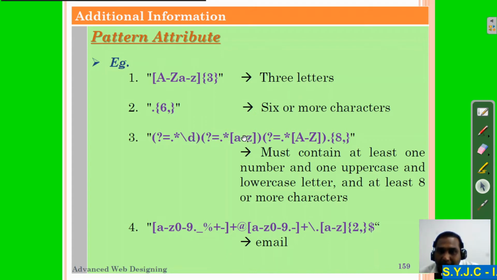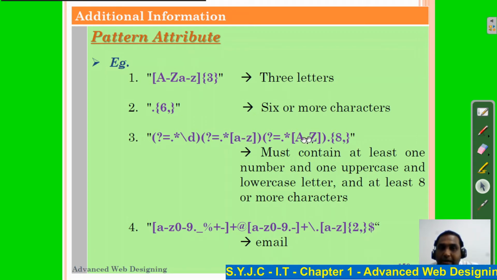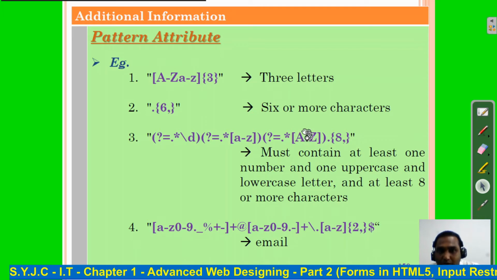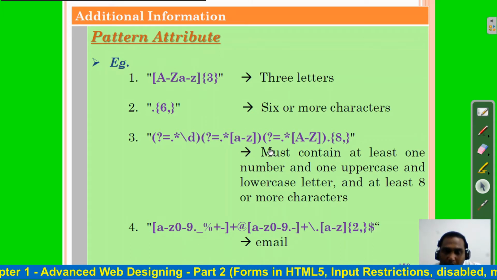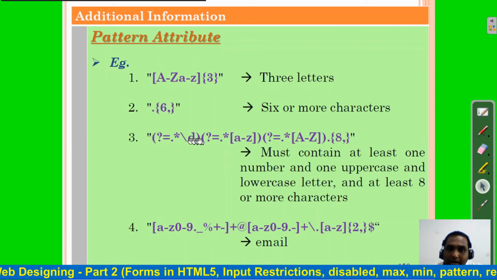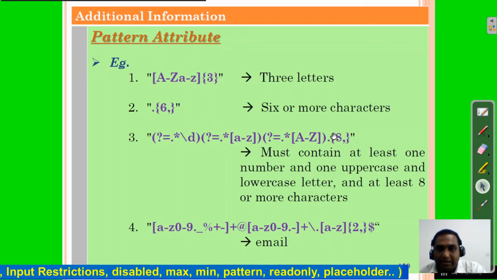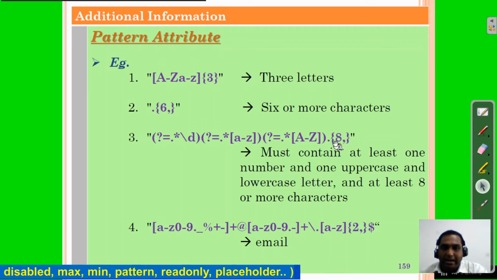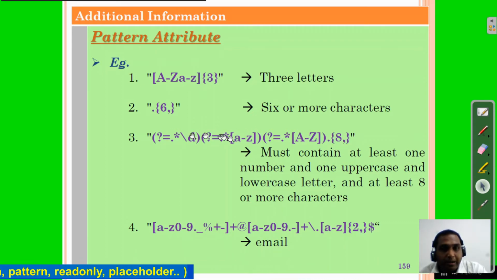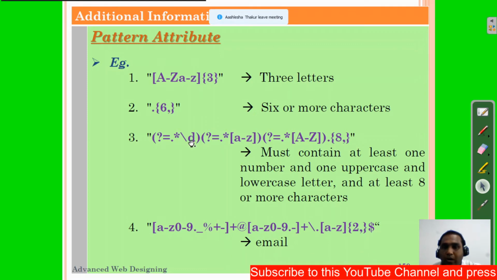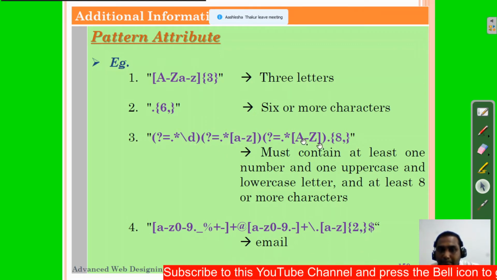Then a to z, at least one small letter alphabet. And then A to Z in capital, at least one capital letter should have. Whatever I type, that should contain at least one digit, at least one small letter, at least one capital letter, and it should be of 8 or more characters. So this is a pattern. Make a note of this. Question mark equal to dot asterisk \d for digits. That is at least one number. Make a note of this.